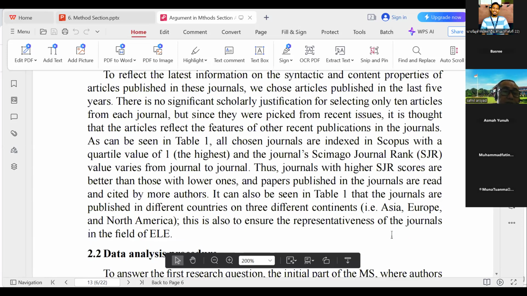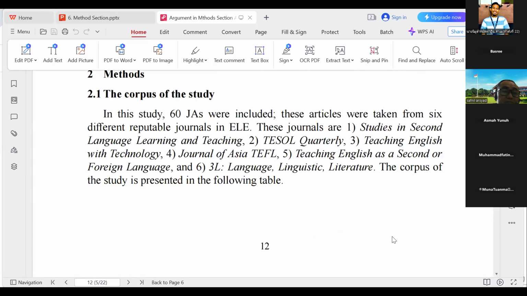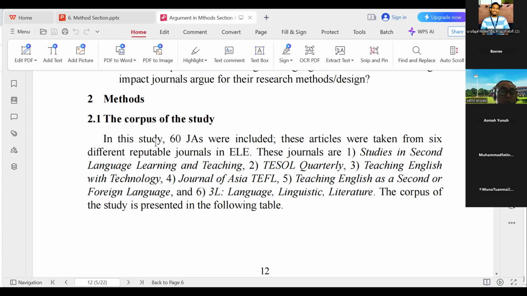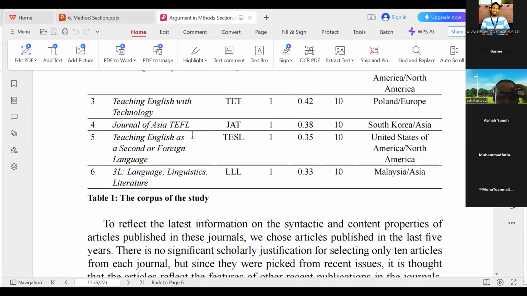Data analysis procedure. So you look at here, I begin my method section by explaining the corpus of the study. So I don't address the design of research. No research design. I directly introduce the object of the study, the corpus, the collection of articles to be analyzed.